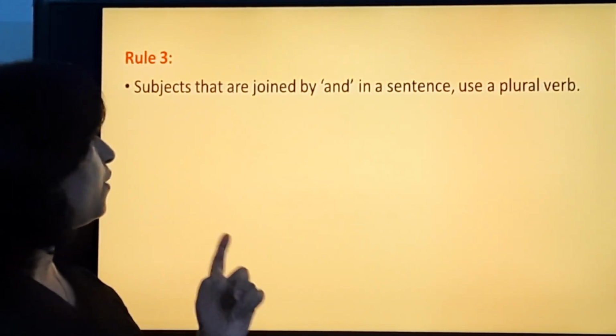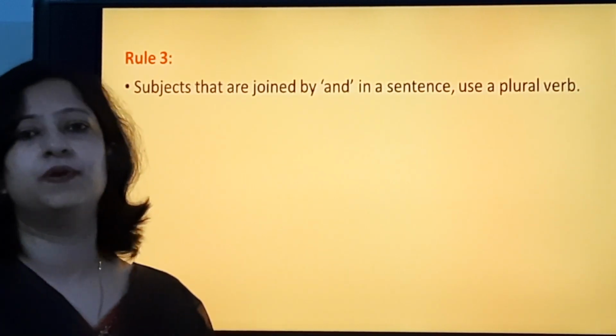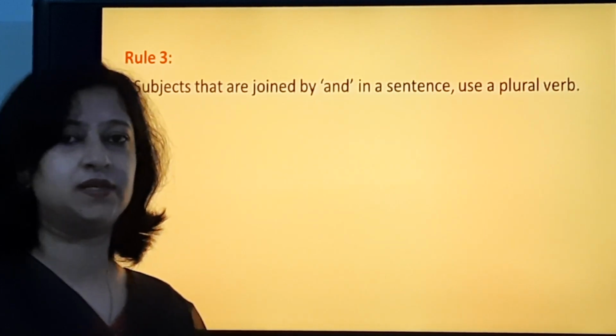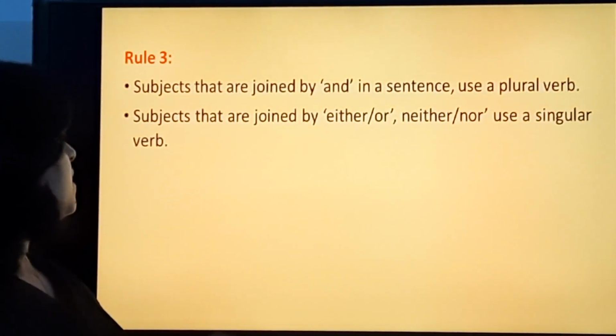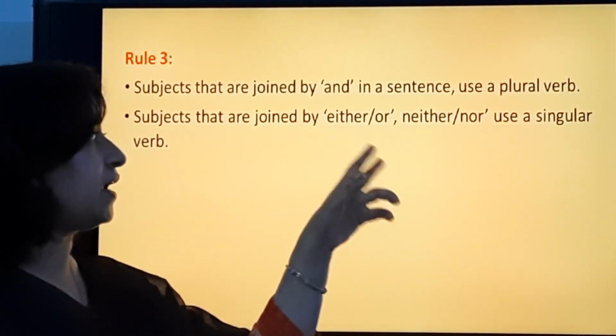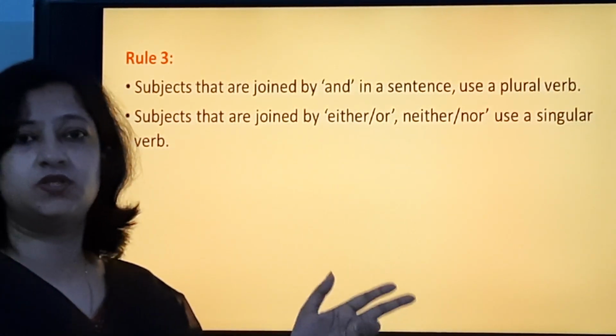Subjects that are joined by "and" in a sentence use a plural verb, because when we join two words with the help of "and", they remain plural. Subjects that are joined by either/or, neither/nor use a singular verb. So there is a difference, children.